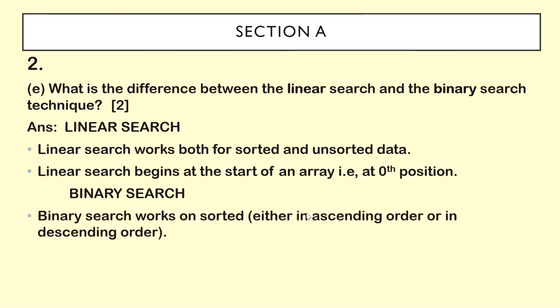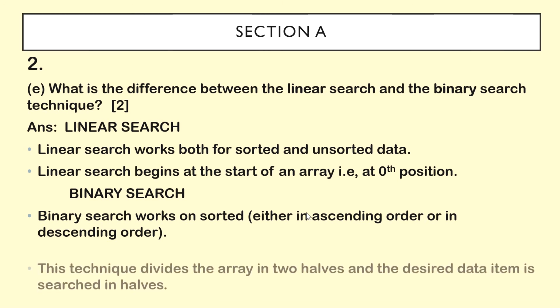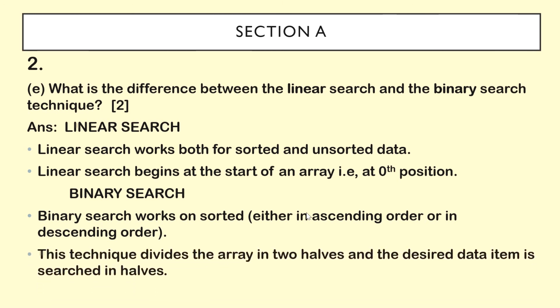By this you can understand it has to be either in ascending or descending order. So binary search works on sorted data. It has to be sorted. This technique divides the array into two halves and the desired item is searched in the halves. So by doing the half process, binary search works.